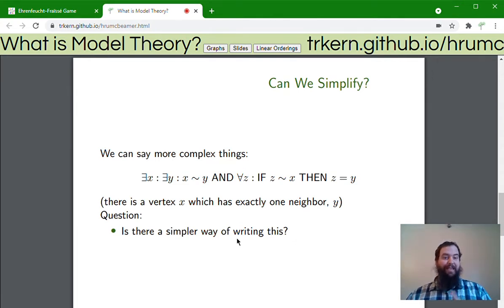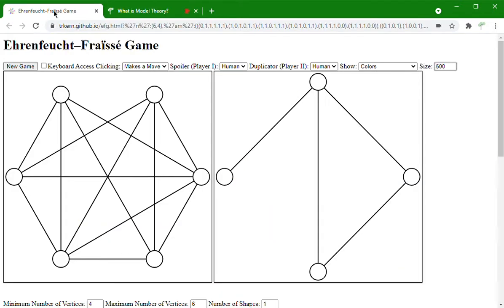Is that possible? And again, how would we even start approaching this problem? Because there's lots of formulas that have 2 variables. Should we just write all of them down? Well, it turns out that there is a tool that allows us to ask and answer these questions in a very intuitive way, and that's called an Ehrenfeucht-Fraïssé game.